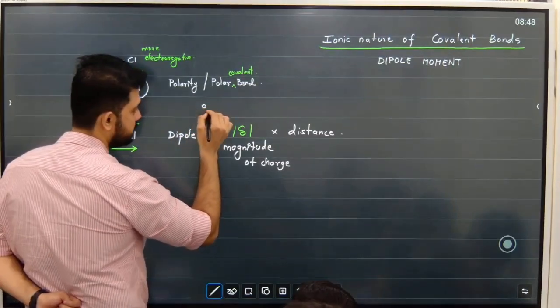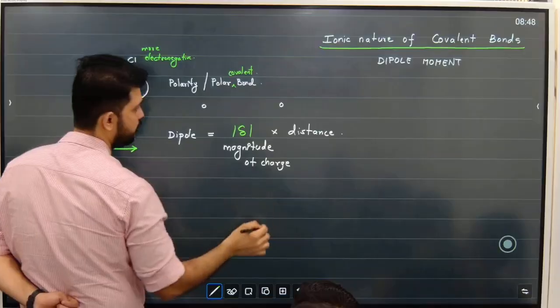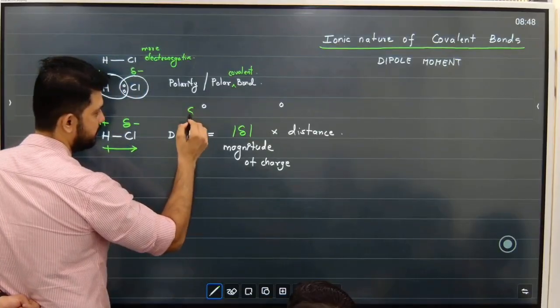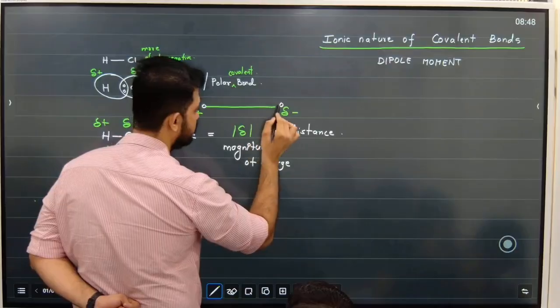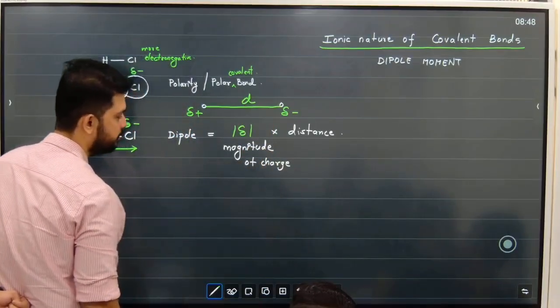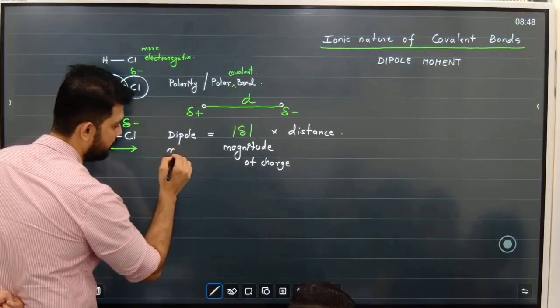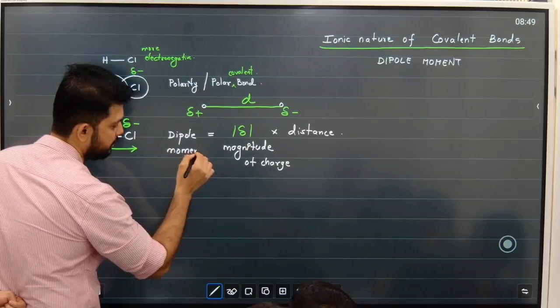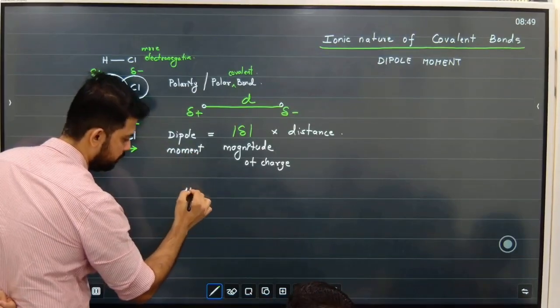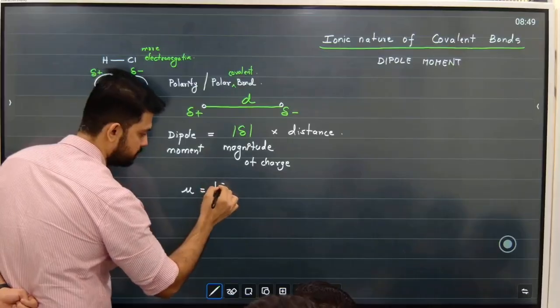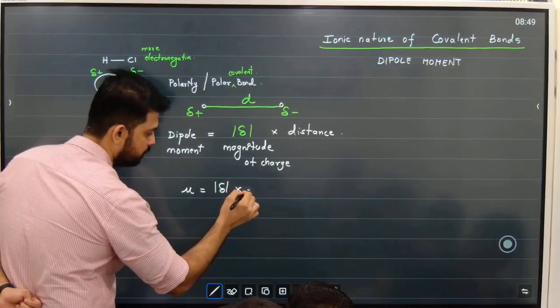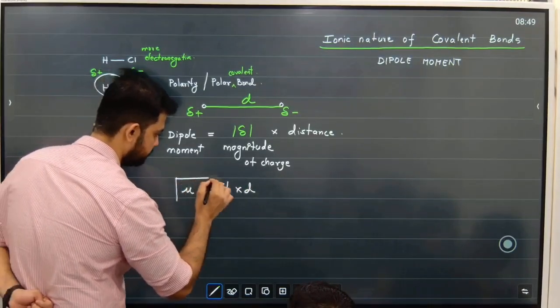So let's say I have two charges, here some delta positive, here some delta negative, and the distance between the two is d. Then the dipole moment, which is also given by the symbol mu, will be given as the magnitude of the charge times the distance d.